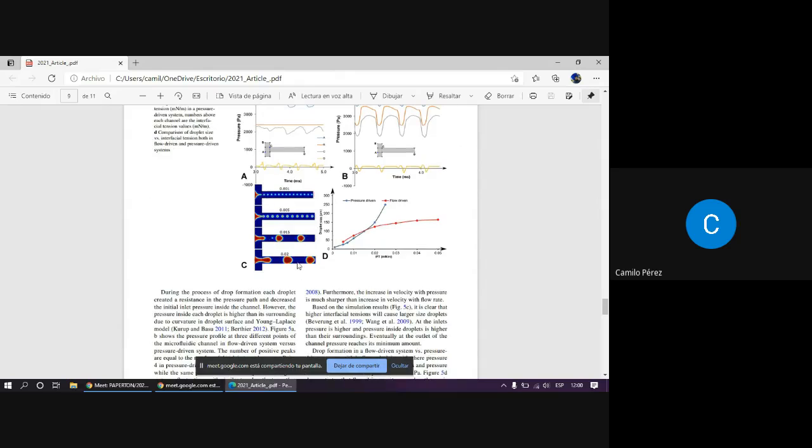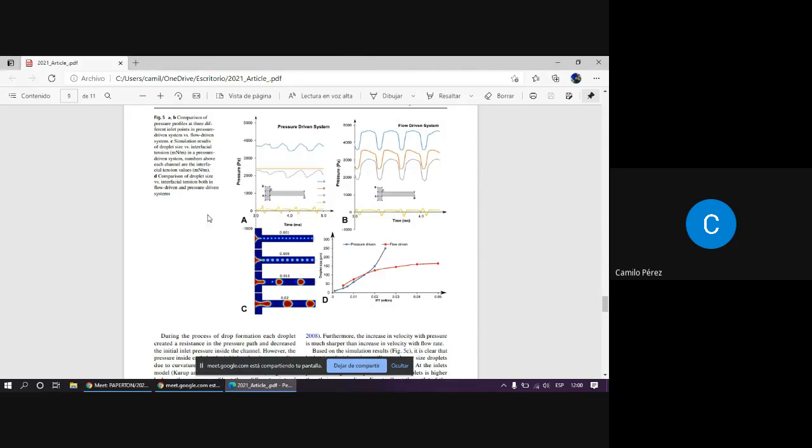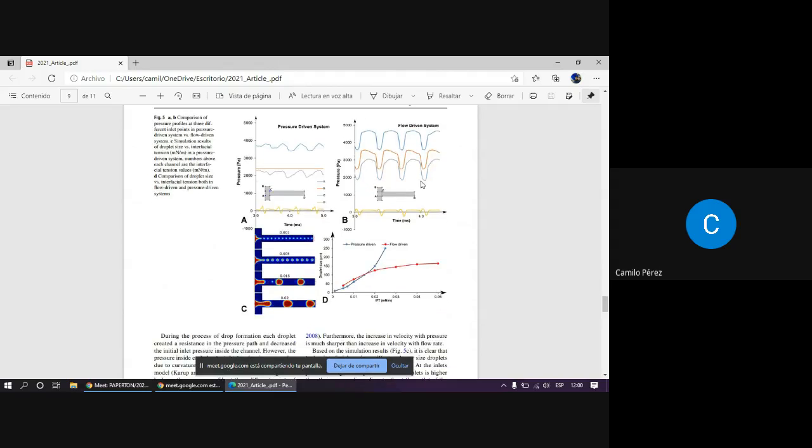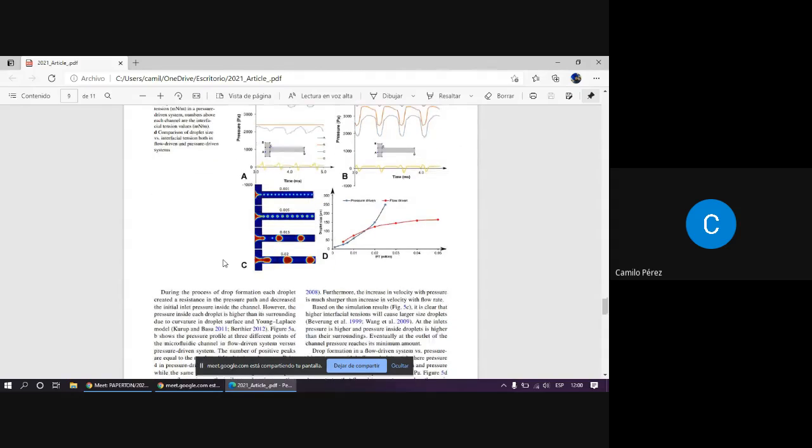Look at the composition of the droplet size and the interfacial tension of the flow rates, for the weight of the protein, right? And when the flow-driven system changes, this phenomenon changes too.